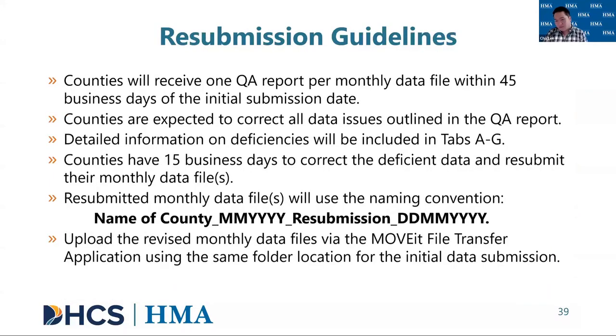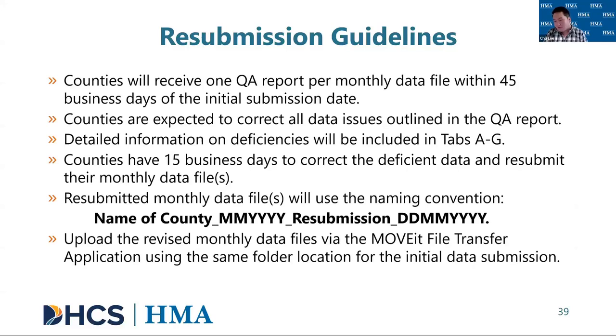As we previously mentioned, county will receive a QA report per monthly data file within 45 business days of the initial submission date. County are expected to correct all data issues outlined in the QA report included in tab A to tab G. The provided detail will be at the client level.